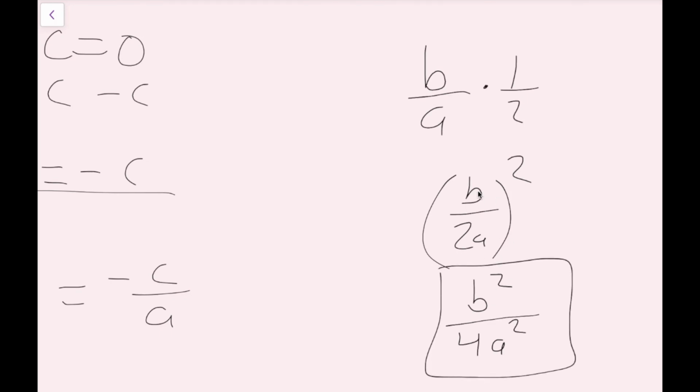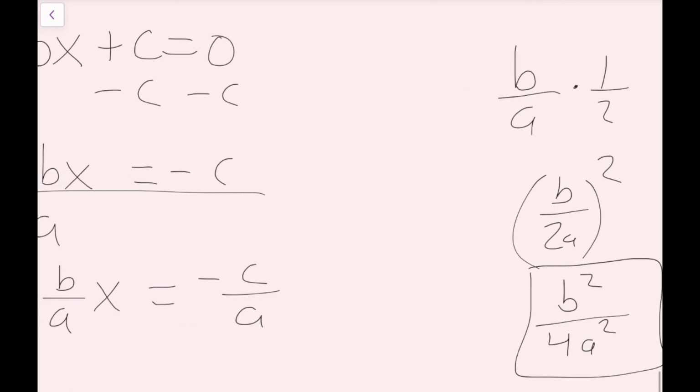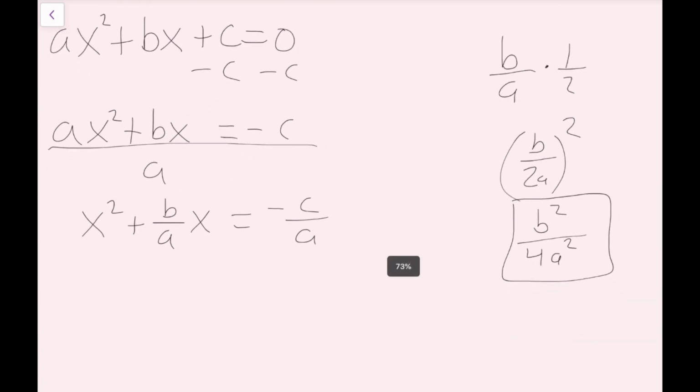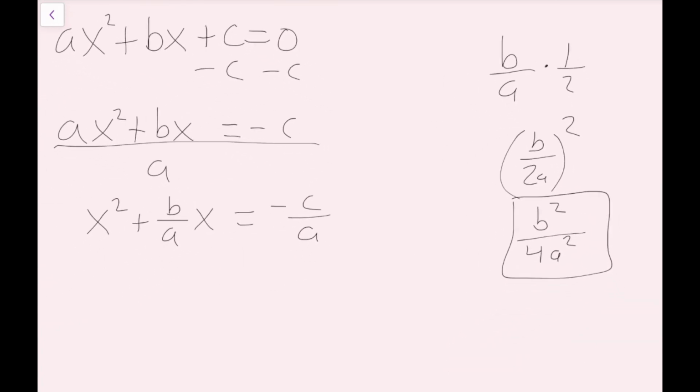But it actually makes more sense to add this because this b over 2a is going to come in handy when we are factoring. So what I'm going to do is add this b squared over 4a squared on the right side, and then add the factored version, b over 2a quantity squared, on the left side. Remember, they're the exact same thing, so I can still add them on both sides, but they're just written in different ways. So if I zoom out here, I can rewrite this as plus the quantity b over 2a squared, and then over here I will add b squared over 4a squared.